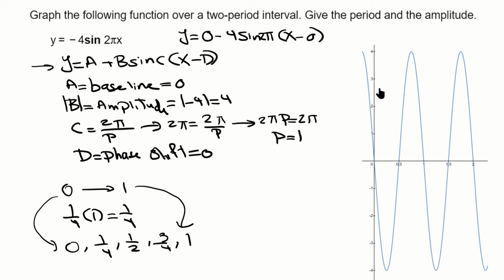So that's why we know the max values here are going to be at 4 and -4. And here we show 2 cycles of this sinusoid as requested. And we know that one cycle will go from 0 to 1, and the next one will go from 1 to 2.